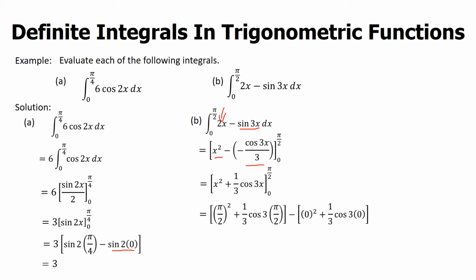Then we substitute x equal to pi over 2, which gets us (pi over 2) squared plus 1 over 3 cosine (3 pi over 2), minus substitute x equal to 0, which gives us 0 squared plus 1 over 3 cosine (3 times 0). Then we calculate the values, which give us 2.13 as the answer, rounded off to 3 significant figures.